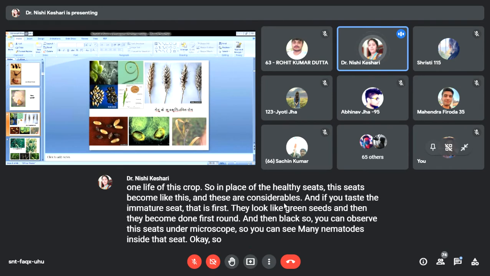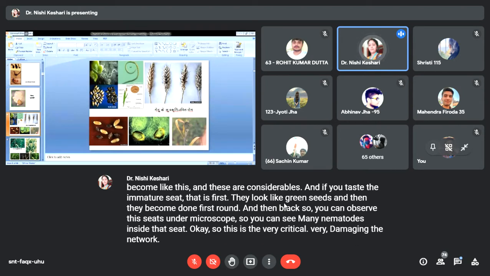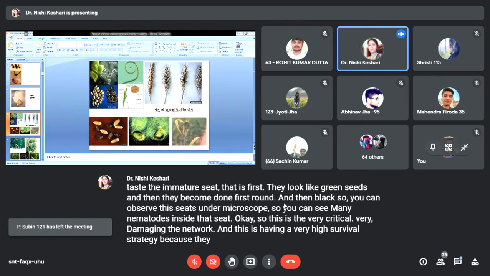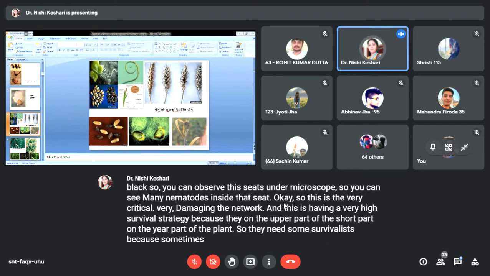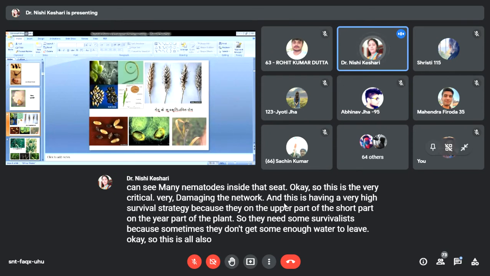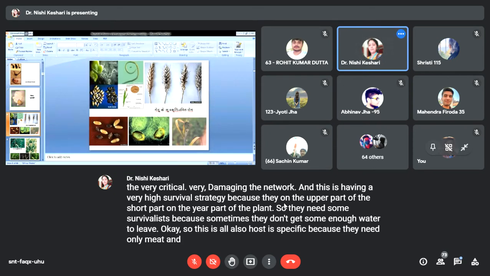So this is a very critical, very damaging nematode, and it has a very high survival strategy because they live on the upper part, on the shoot part, on the earhead part of the plant. So they need some survival strategy because sometimes they don't get enough water to live. This is also host specific because they need only wheat and barley. Otherwise, they don't infect the other crop.